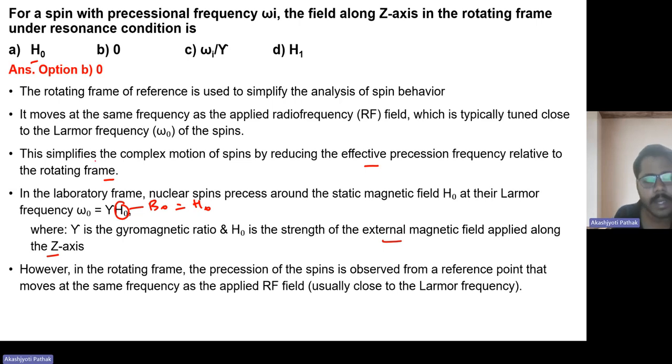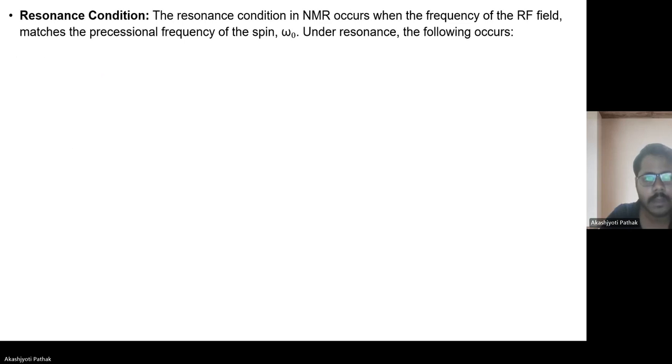Now, however, in the rotating frame, what happens? The precession of the spins is observed from a reference point that moves at the same frequency as the applied radio frequency field, usually close to the Larmor frequency of the nuclei. Now, what is the resonance condition? The resonance condition in NMR occurs when the frequency of the RF field matches the precessional frequency of the nuclear spins, that is omega naught.